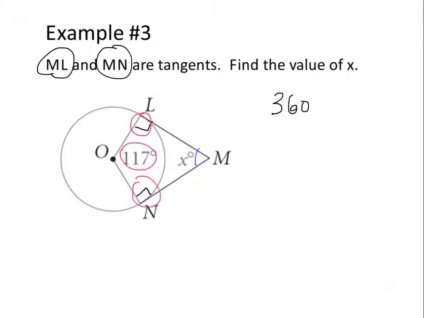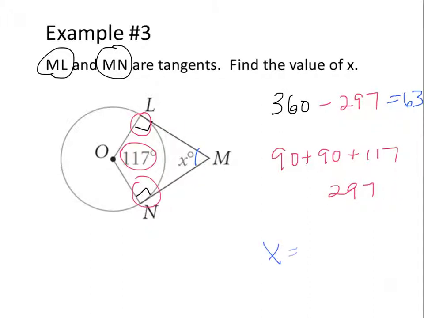So if I take 90 plus 90 plus 117, I get 297. Then I'm going to take 297 and subtract that from 360, because 4 angles in a quadrilateral equal 360. I'm going to get 63. So that angle is 63 degrees.